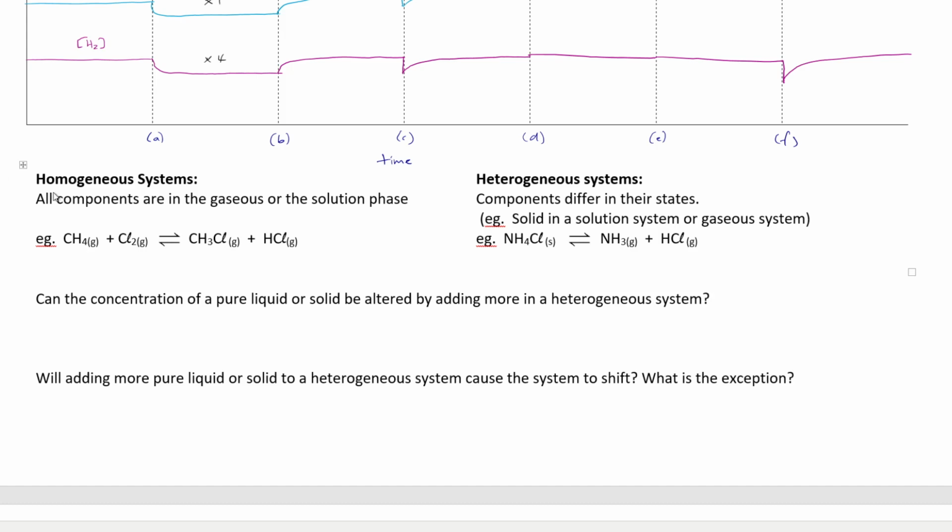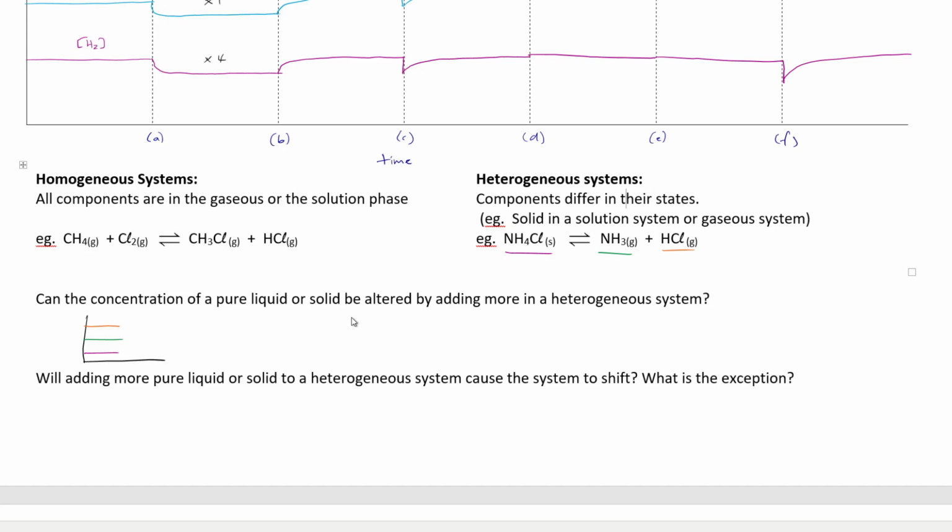So I'll draw a graph, and I'll color code each of these. I'm going to make this one purple, NH3 will be green, and HCl will be orange.